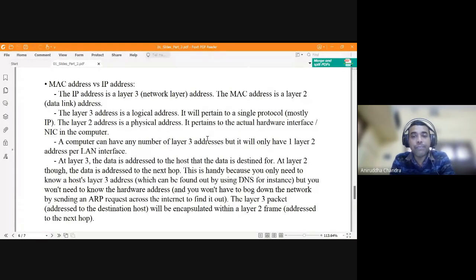And as I said, a computer can have any number of layer 3 addresses, but it will have only one address per LAN interface. So of course, if you have more LAN interfaces, then you have more than one Ethernet address, as I have shown, but per interface there is only one. Now the idea of a pair of addresses is described in this point.